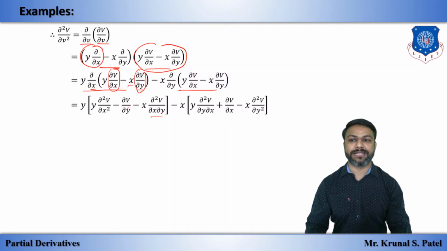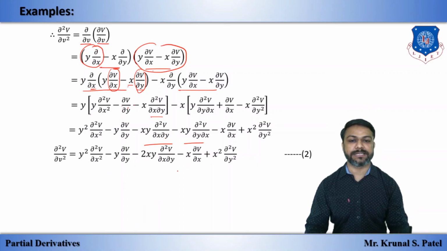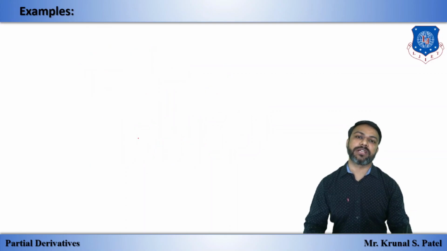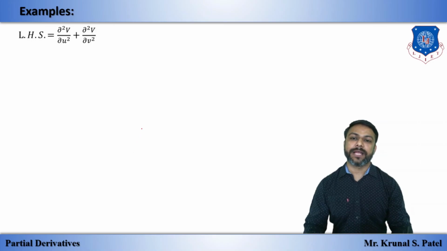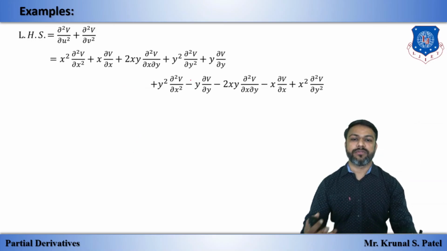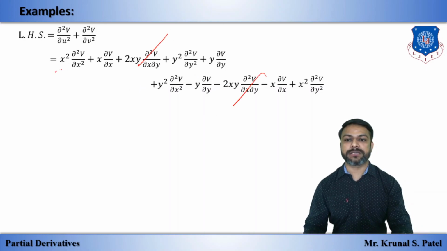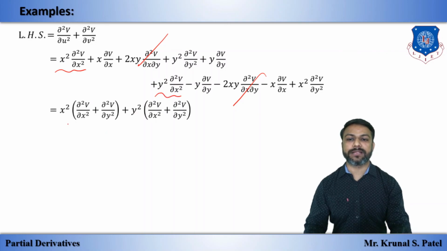Now by expanding this bracket we have this, and we can use the mixed derivative theorem because it is already verified. So this is 2 times, and all the 4 terms are as it is. Now from equation number 1 and 2, we will put this in the left hand side, and by simplifying, whichever terms cancel out will cancel, and the remaining terms we take together.